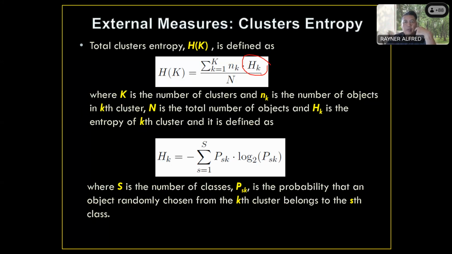So we compute the entropy for each cluster, and then we add them all together depending on the weightage of that particular cluster. This entropy can be computed by looking at the probability of that particular class label times log2 of the probability of that particular class in that cluster. I will show you later on how this can be computed.